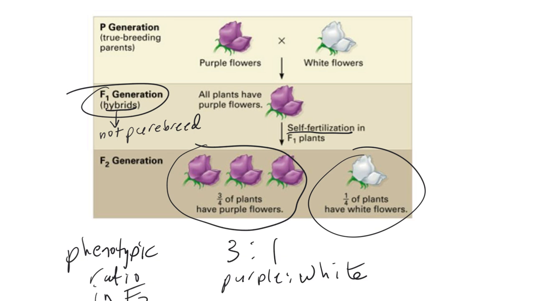And he did this with all kinds of traits. So something hidden, the white flower phenotype, was hidden in the F1 generation, but it came out in the F2 generation.